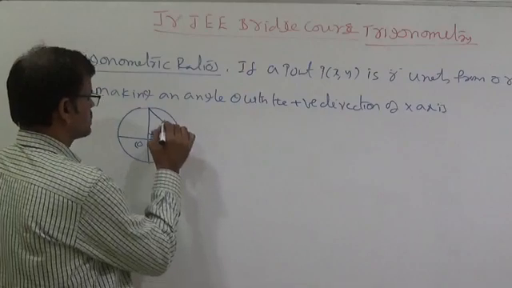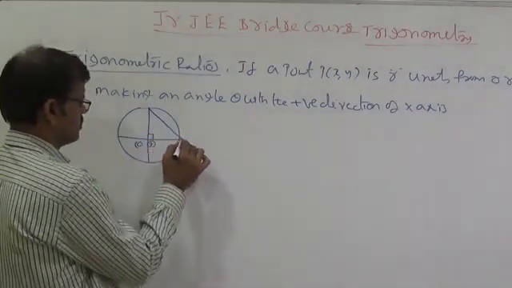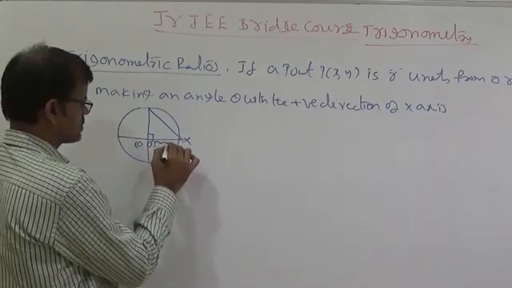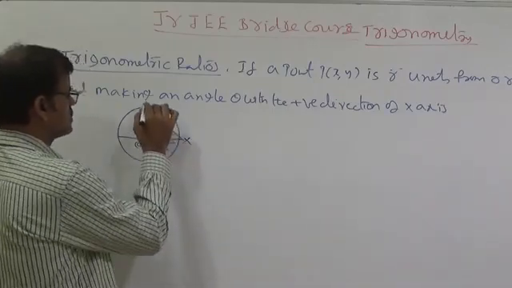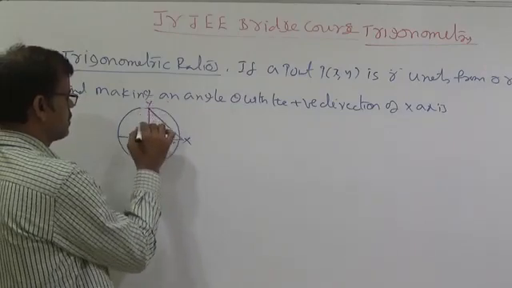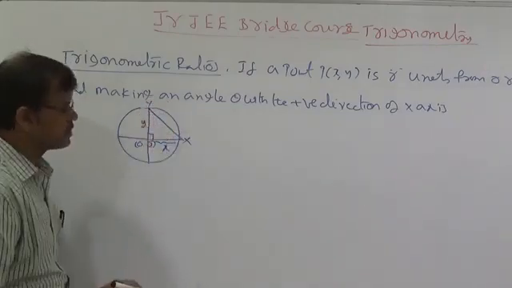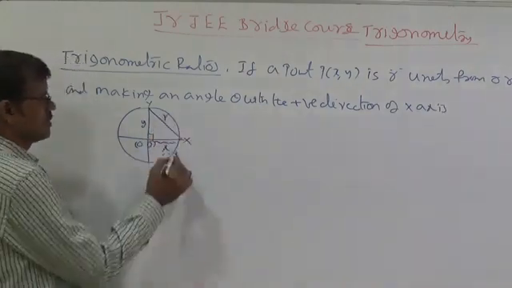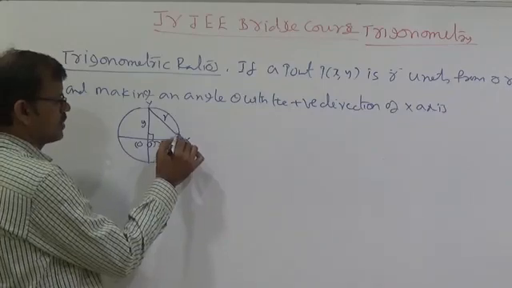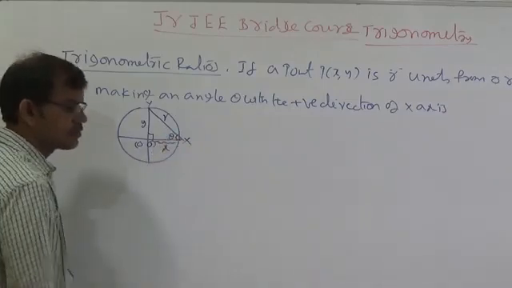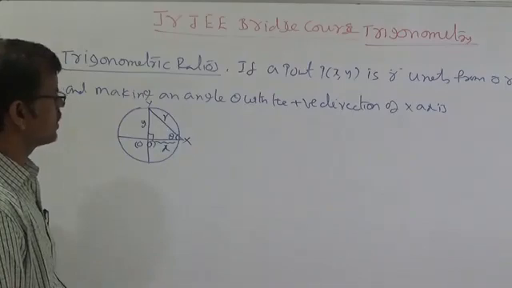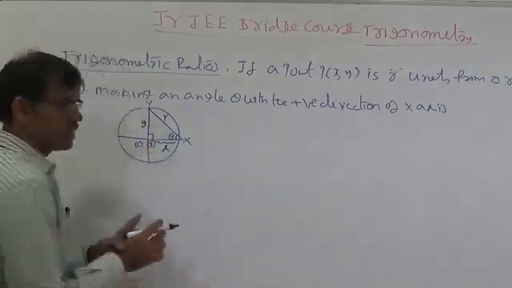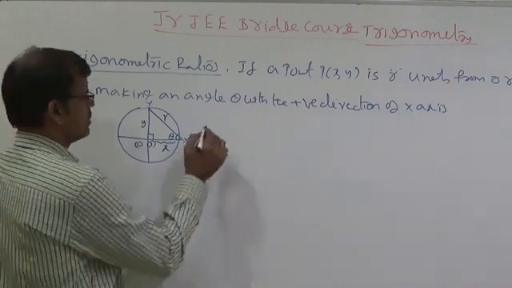If a point P x comma y, let us consider this is small x, this is y axis, and this is small y distance. If this is r with a line, if angle theta is maintained in the positive direction of x-axis, in the triangle.